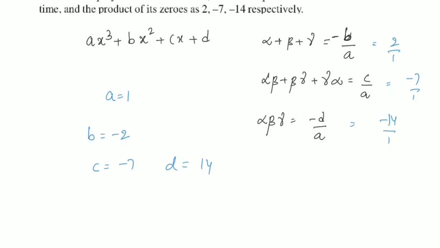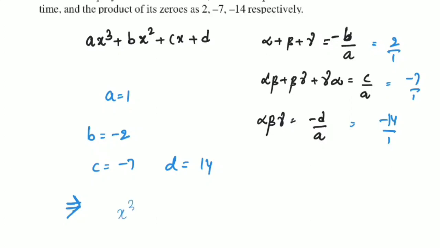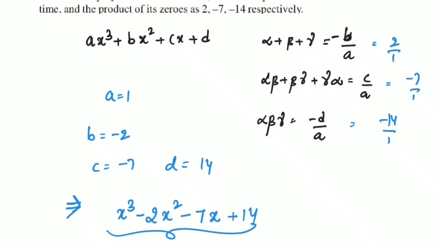So just write down. The polynomial: a value is 1, so therefore x cube, b value is minus 2, so minus 2x square, c value is minus 7, so minus 7x, d value is 14, plus 14. This is the required polynomial. Let's move on to the next one.